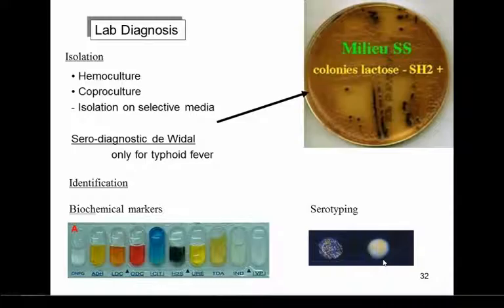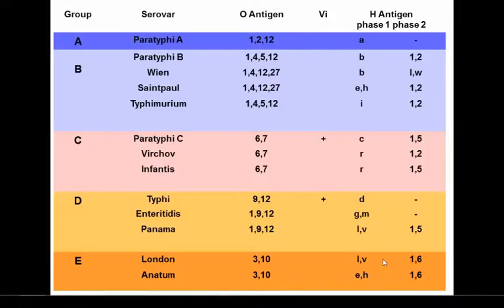So the classification of Salmonella subspecies is based on this, which is called the Kaufman-White classification. And it's based on the different O antigens, the different H antigens, and not so much the capsule. Vi is for virulence, and it's the capsule antigen. Okay, so O antigens will define the group.